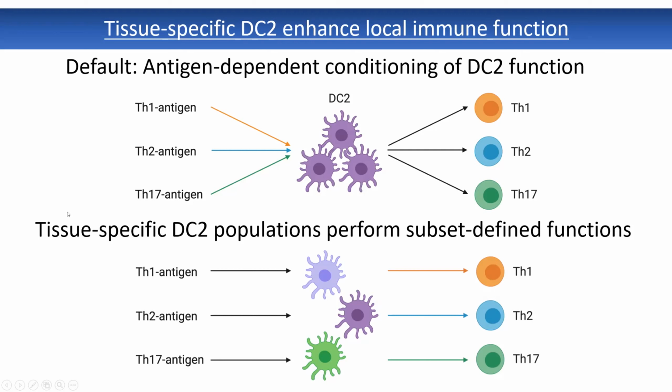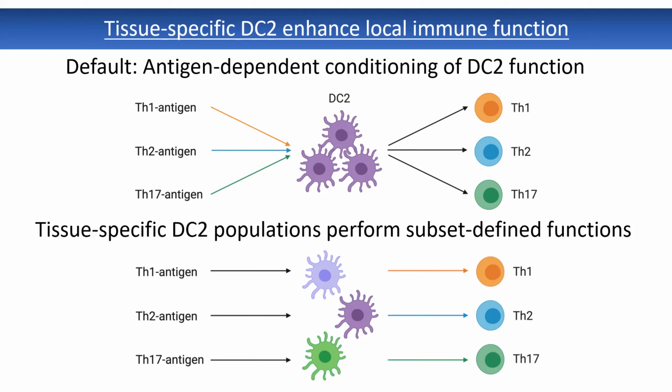However, we also found that in the context of the skin, there is a unique population of type 2 dendritic cells, the CD11b-low DC2s, which perform a very subset-defined function, and in this case drive specifically Th2 immunity and control Th17 responses.